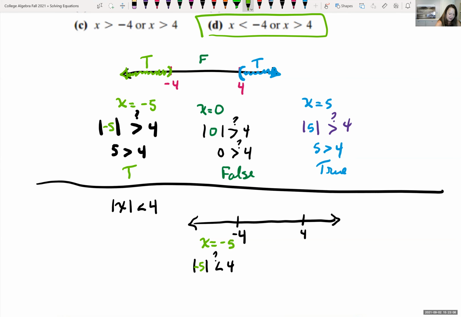Well, that gives me 5 is less than 4, which is false. If we had chosen X equals 0, a number in between -4 and 4, any number there, and plugged it in, is the absolute value of 0 less than 4? Yeah, 0 is less than 4. So this is true.